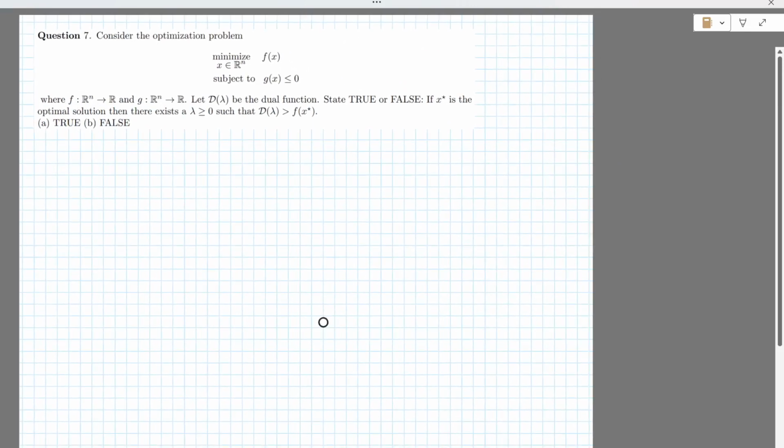Look at this question. We are given this optimization problem, and again d lambda is the dual function and x star is the optimal solution. Then there exists lambda such that d lambda is greater than f of x star.